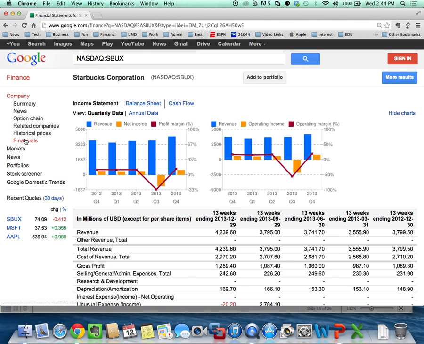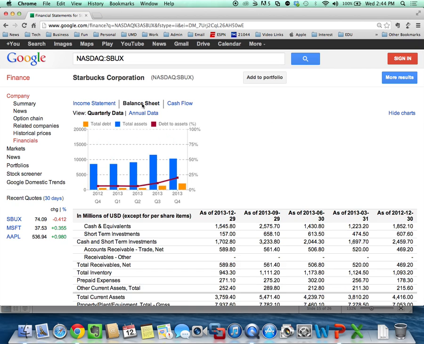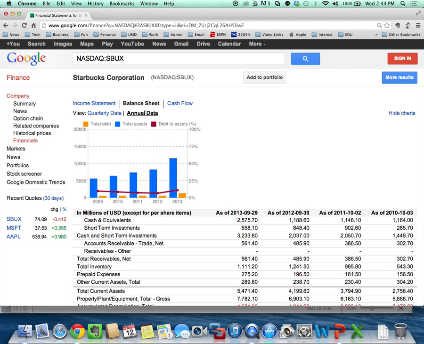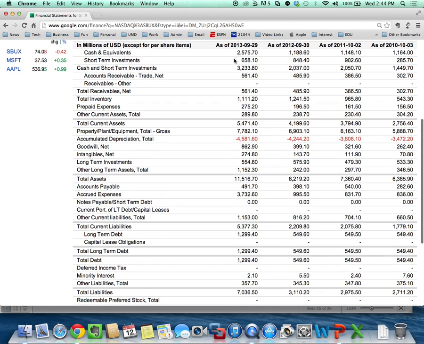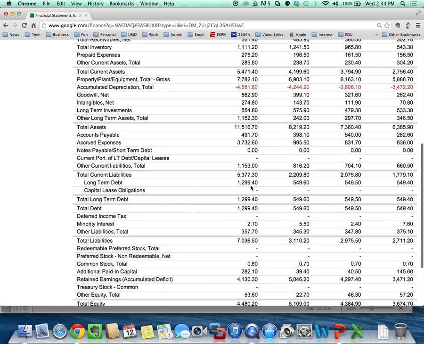And I go to their financials. And I go to their balance sheet on an annualized basis. And I see on the last reported year for Starbucks, total debt, $1.299 billion. That's their total long-term debt, and they don't have any short-term debt. So that's their total debt, about $1.3 billion.